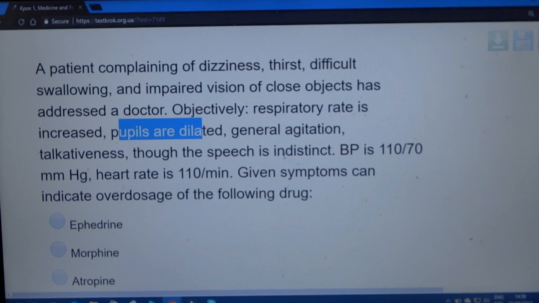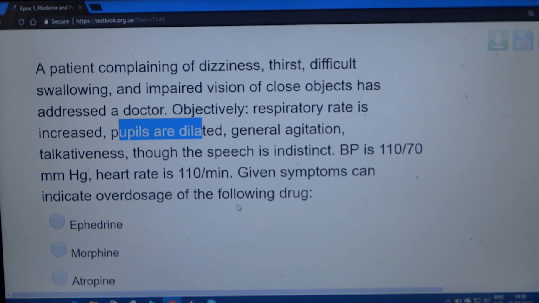Though the speech is indistinct, blood pressure is 110/170 millimeters of mercury. Heart rate is 110. Wow, that's high. Given symptoms can indicate overdose of the following drug.